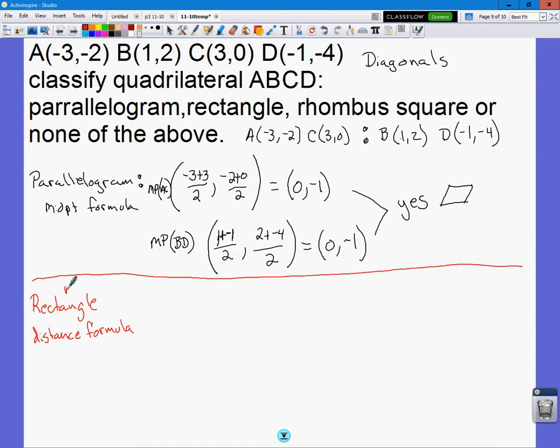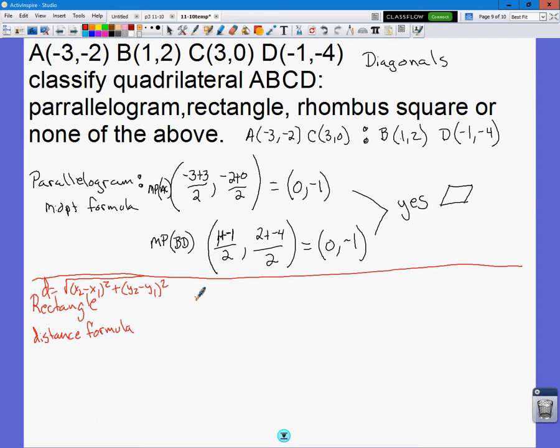For those that don't remember, it is x2 minus x1 squared plus y2 minus y1 squared, all underneath the square root symbol.